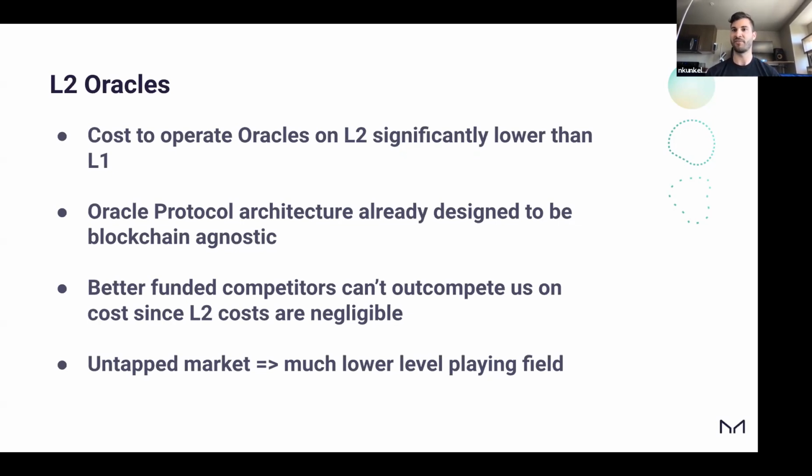The reason is that nothing is dependent on Ethereum. Nothing assumes that Oracle related things are Ethereum related things. The only part of the Oracle protocol that actually touches Ethereum is the very last step, where you send the transaction to the Oracle smart contract.